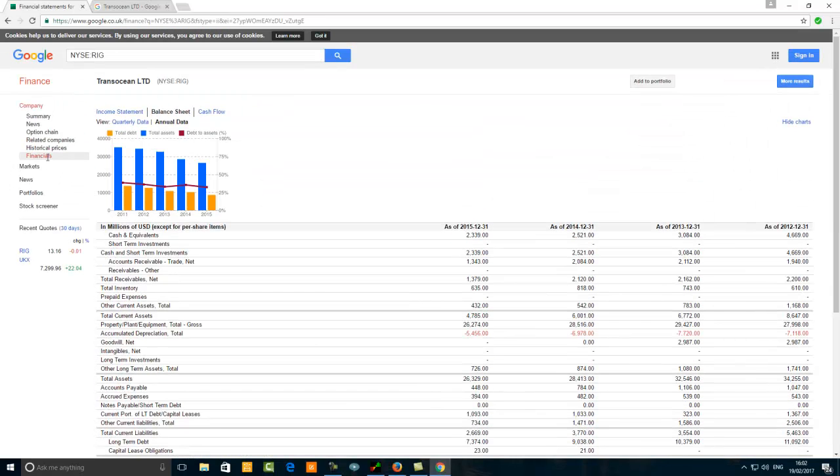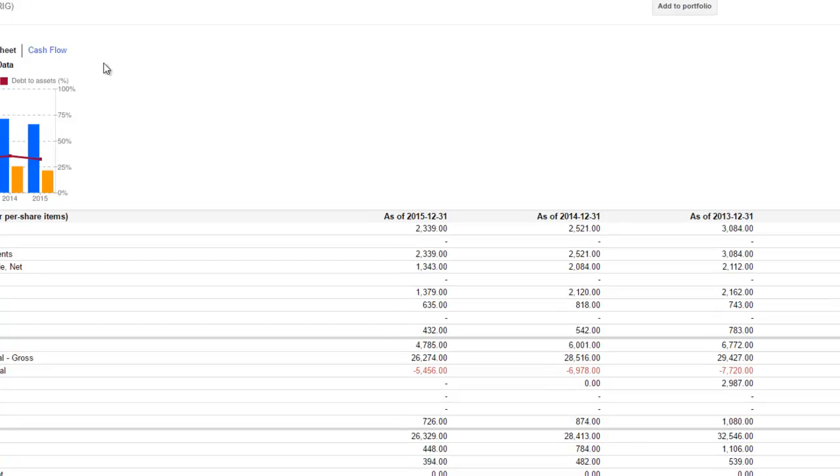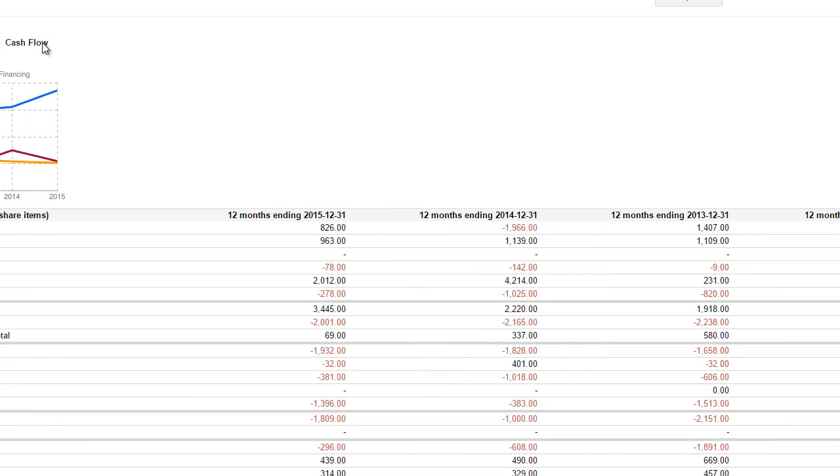There is a cash flow statement, check the cash flow. They're making more money coming in, all right? Check the management and also compare the stock to the sector itself.